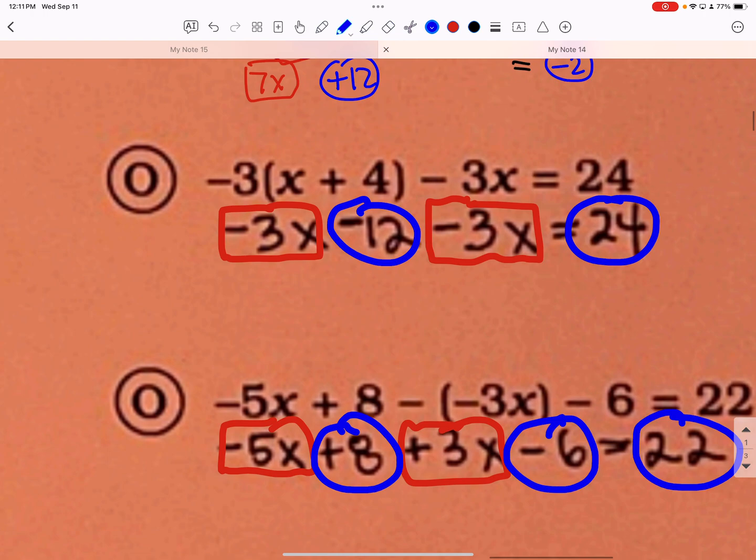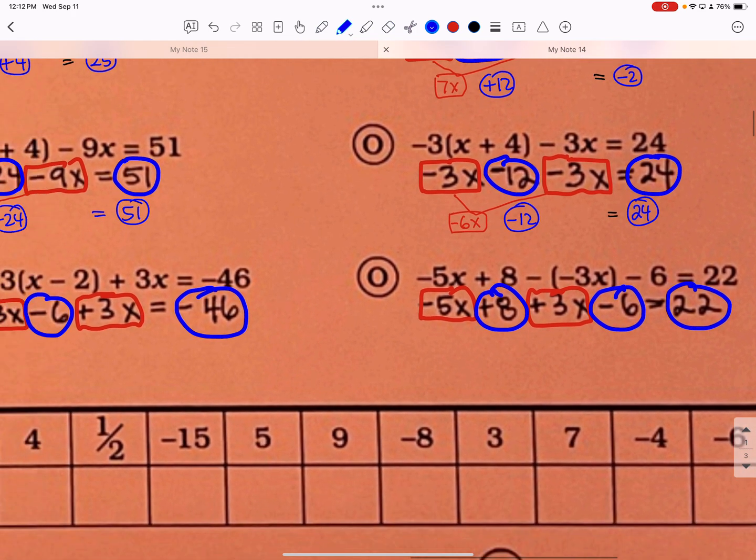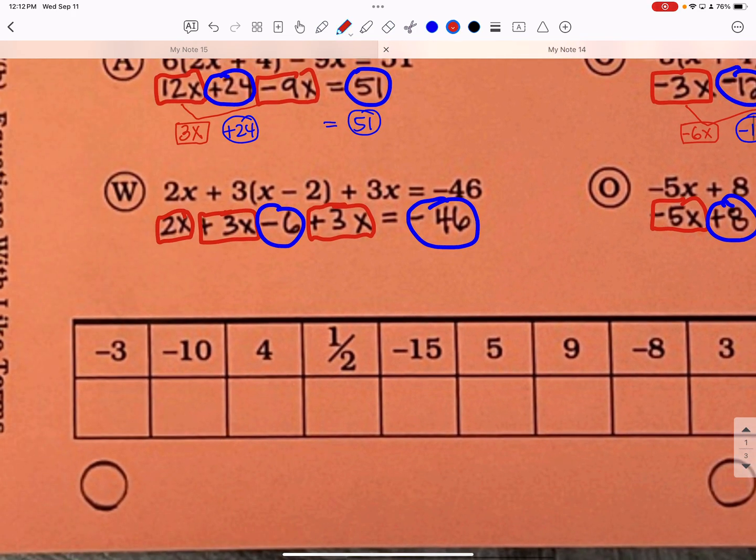All right, on this side, let's see, we have negative 3x's and another negative 3x's, so they're all on the negative team. So this is negative 6x's minus 12 equals 24. So far, okay. On this one, we have 2x's and 3x's and 3 more x's. That's 8x's.